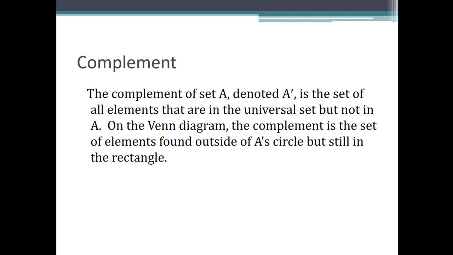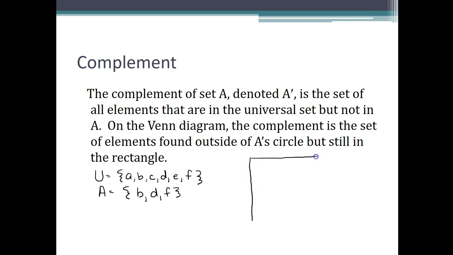On the Venn diagram, the complement is the set of elements found outside of A's circle but still in the rectangle. Okay, so let's say you have a universal set that contains A, B, C, D, E, F. And let's say from that you have a subset A that contains B, D, and F. Okay, when you go to do your Venn diagram, this one's only going to have one circle, because you only got the one subset of the universal set.